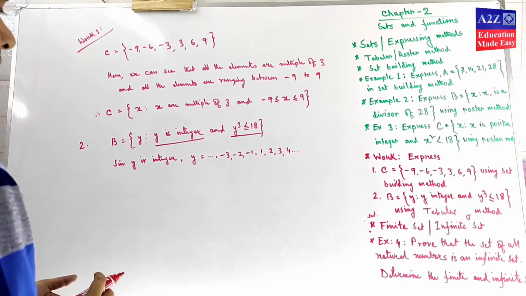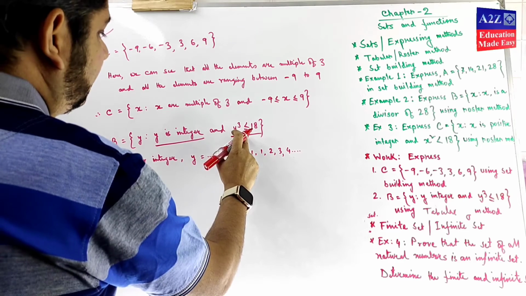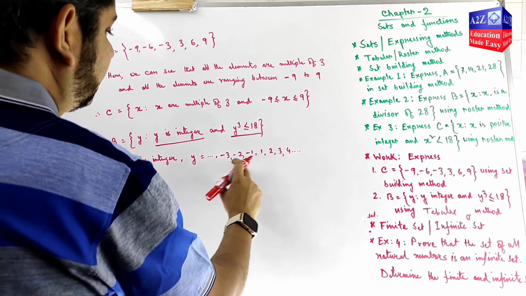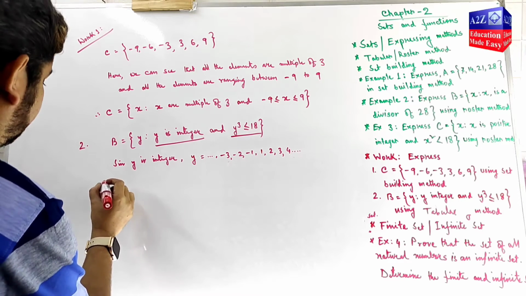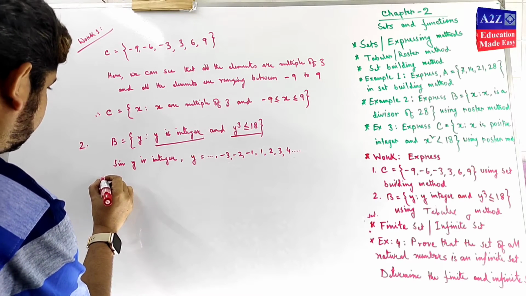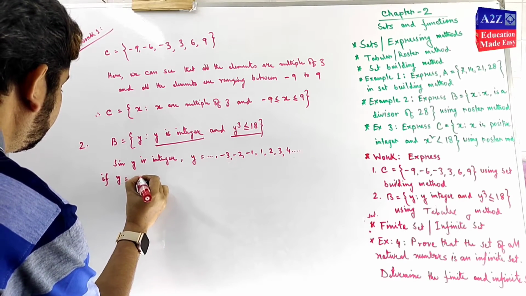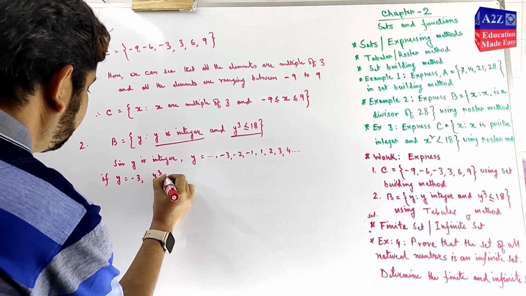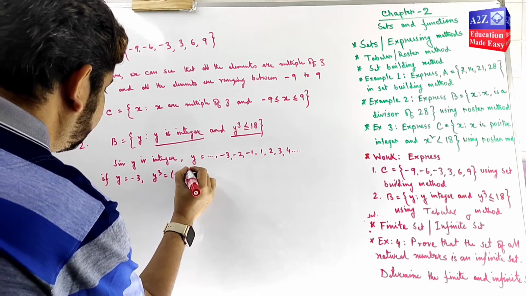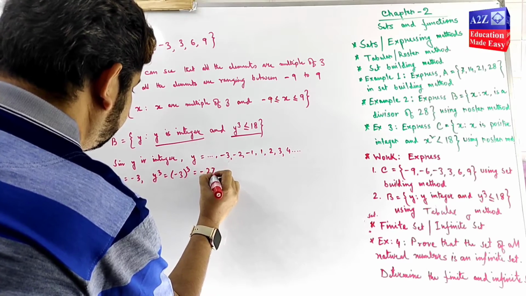And now I would like to check whether these criteria are satisfied by these values. So if Y equals -3, then Y cube equals -3 cube, which means -27.